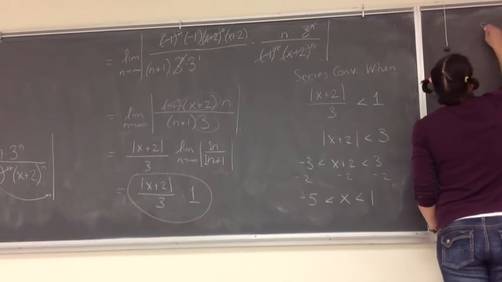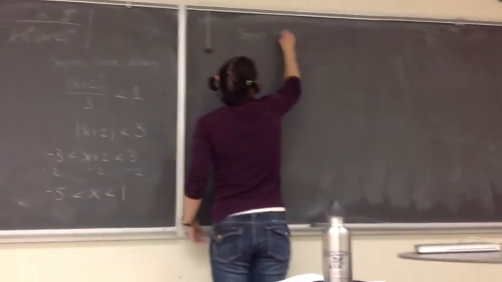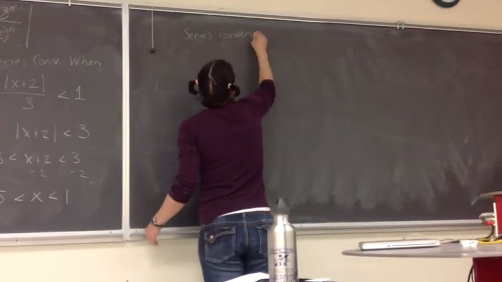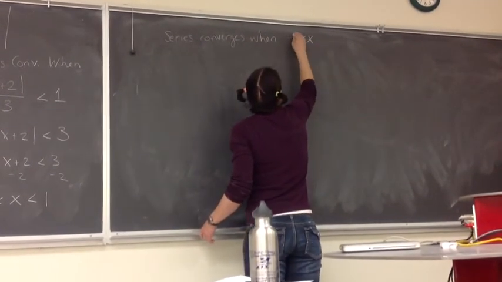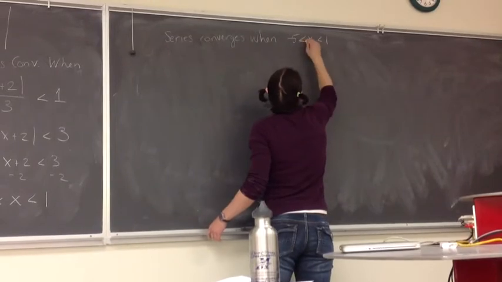And so we say that our series converges when x is between negative 5 and 1.